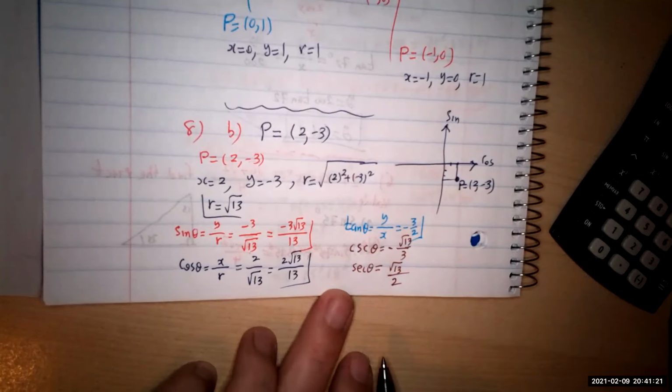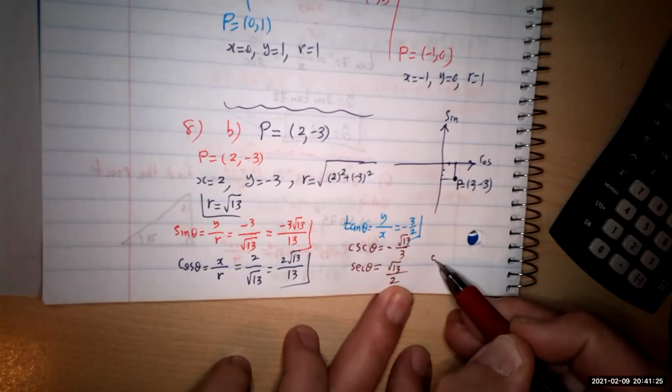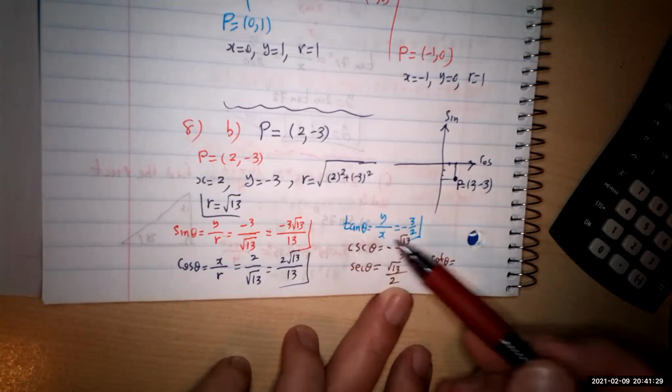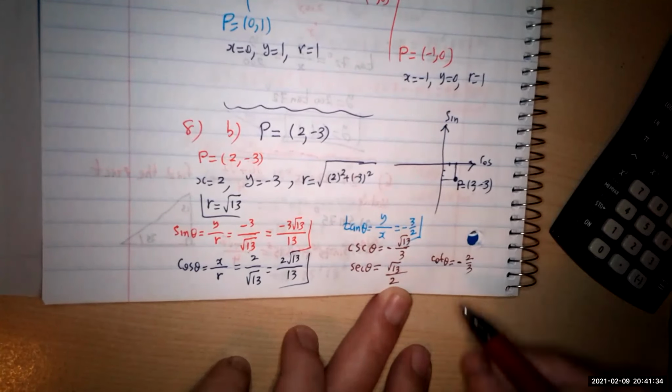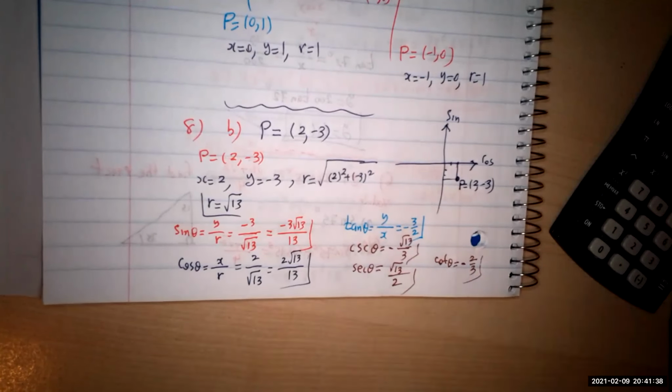That's the secant. Cotangent is the reciprocal of the tangent, which is negative 2 over 3. So that's it, the 6 trig functions.